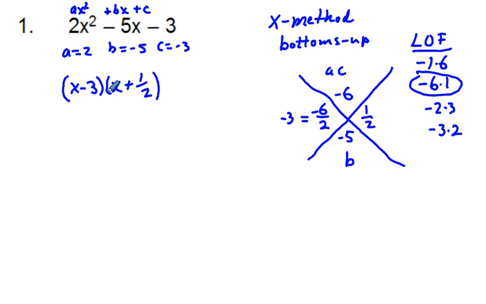And on this right one is where we use the bottoms up. So this is the bottoms up part. We take this 2 and multiply it out front by x. And so our final answer is going to be quantity x minus 3 times quantity 2x plus 1.